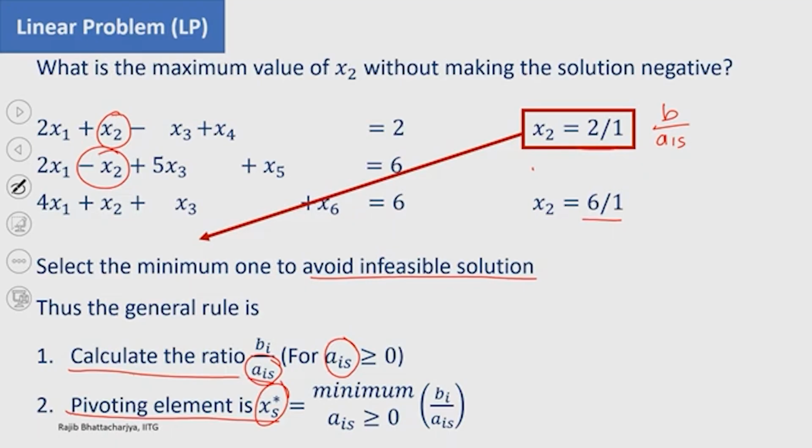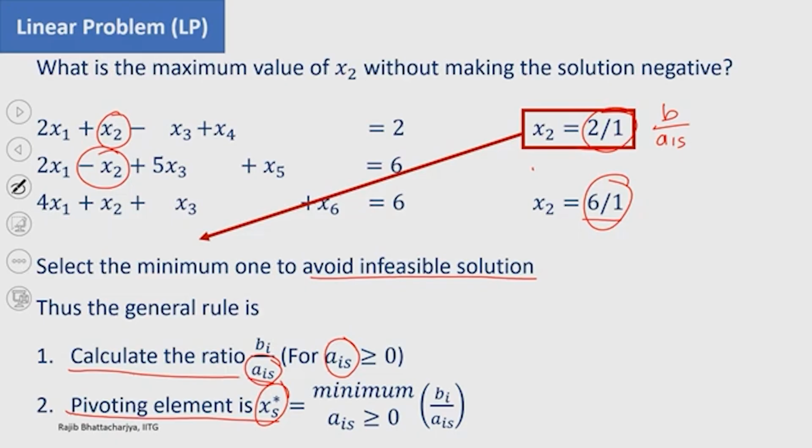Here in this case, this is 2 and this is 6, so we will consider the minimum one. Otherwise, we will get an infeasible solution. I hope the rule is clear now.